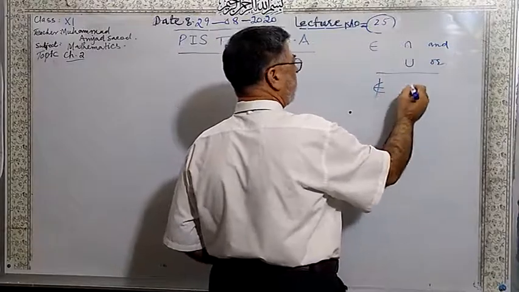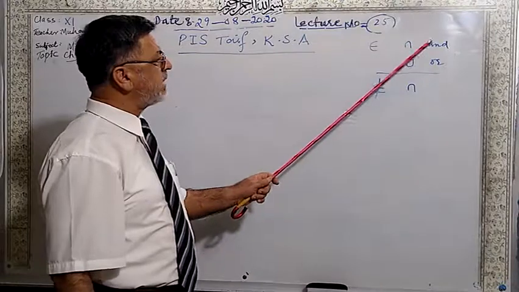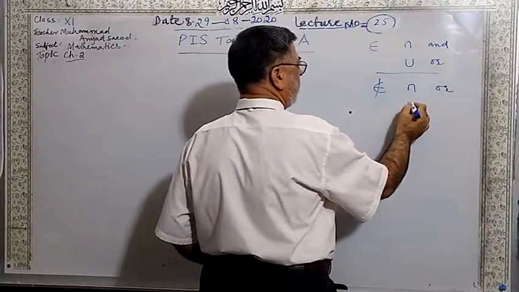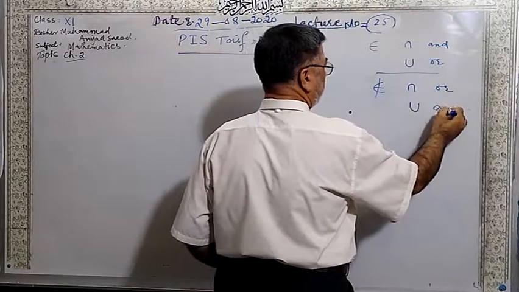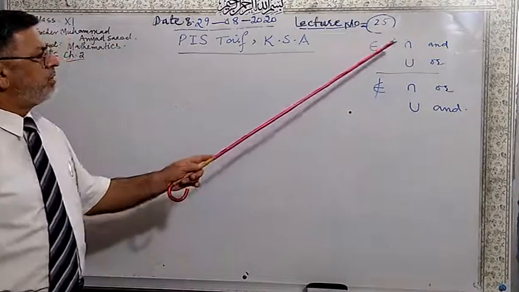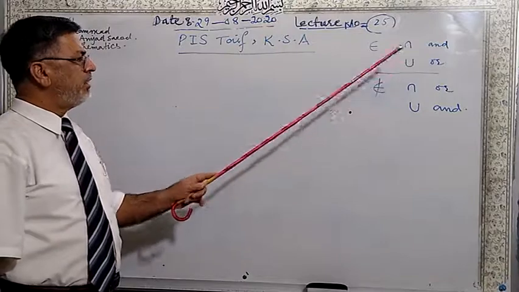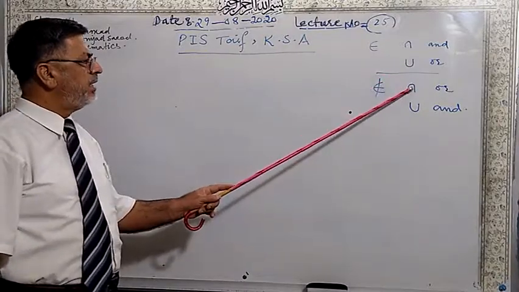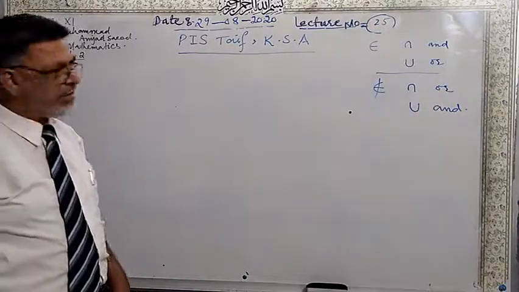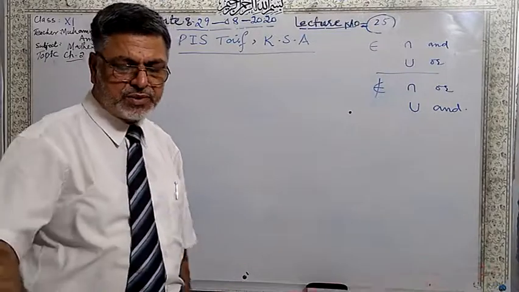In case of not belongs to intersection, instead of and, it will be reversed: or. And in case of not belongs to union, it will be and. Belongs to: intersection is and, union is or. Not belongs to: intersection is or, union is and. These are very important results which will be used in our analytical proofs.